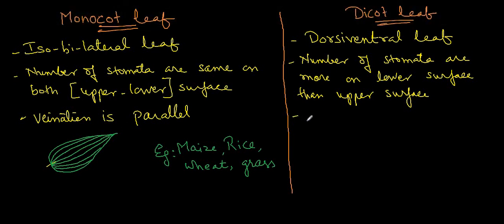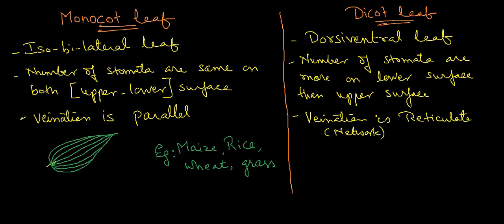But the veins in dicot is reticulate. So venation is reticulate, that is network.